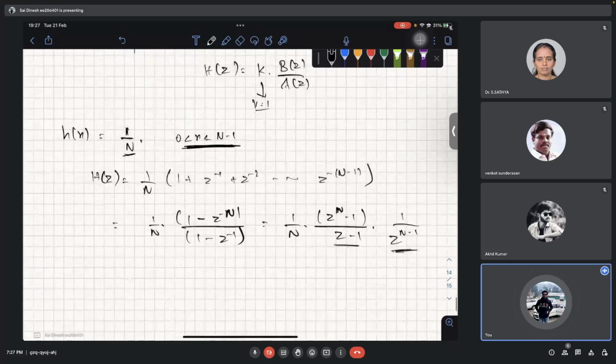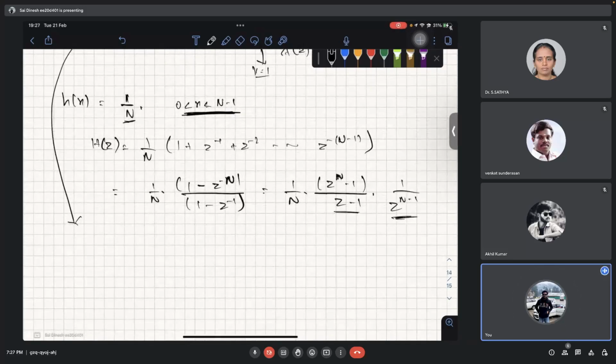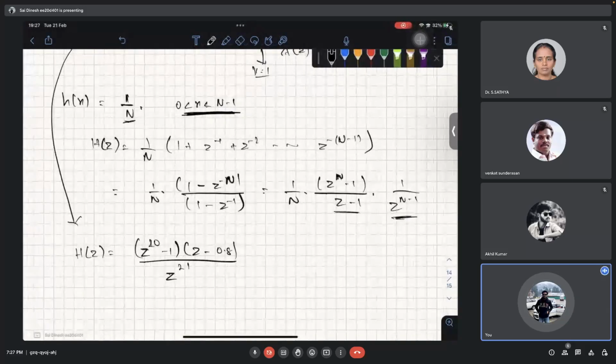But for this, we have 20 zeros whose magnitude is 1, so z power 20 minus 1, then one zero at 0.8, and the rest of them are poles at z equal to 0, which is 21, right? So this is what the final form of H of z is.